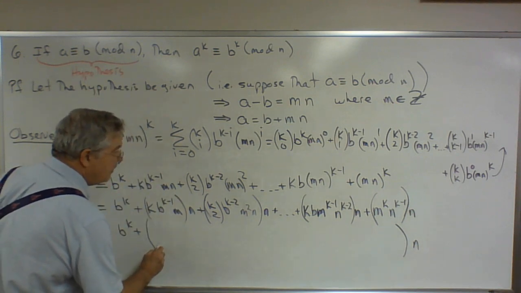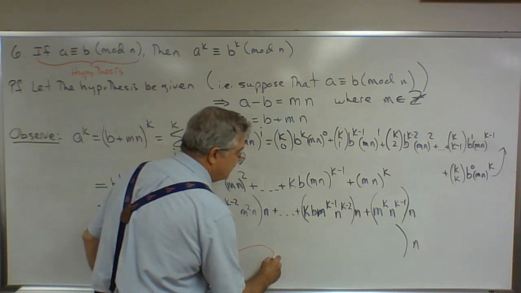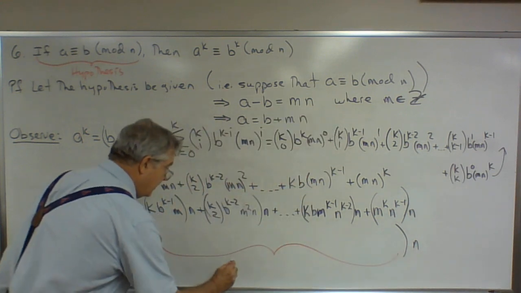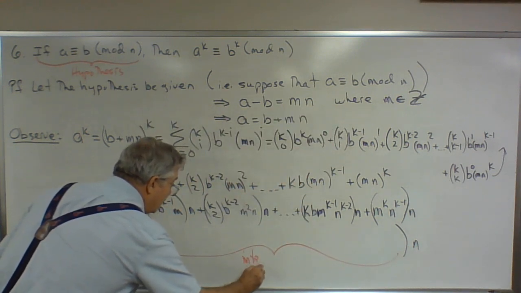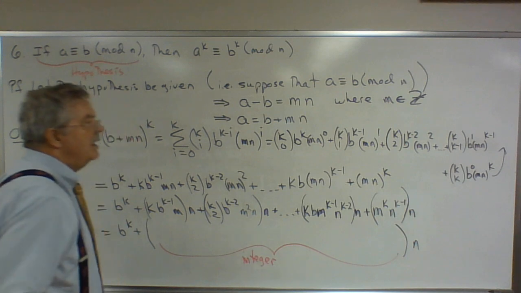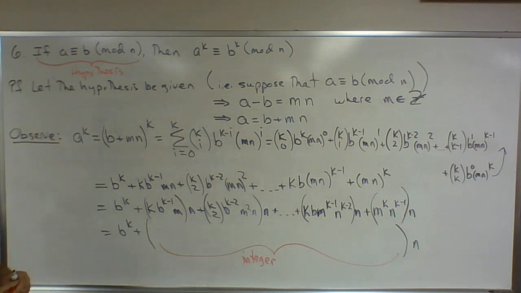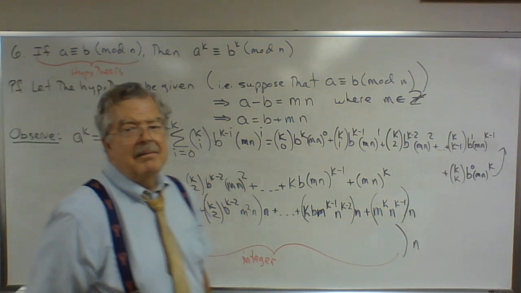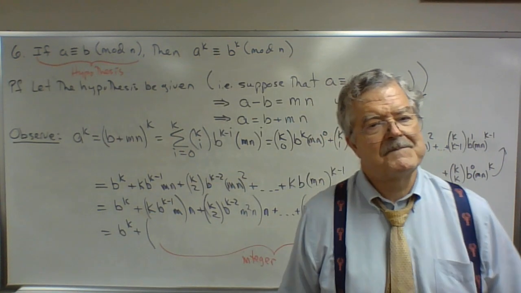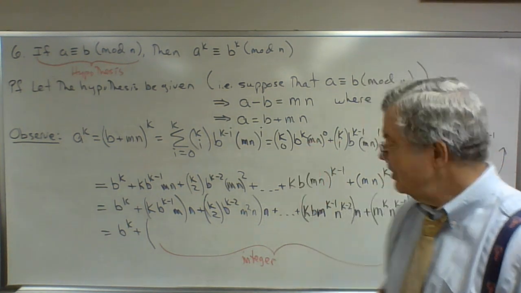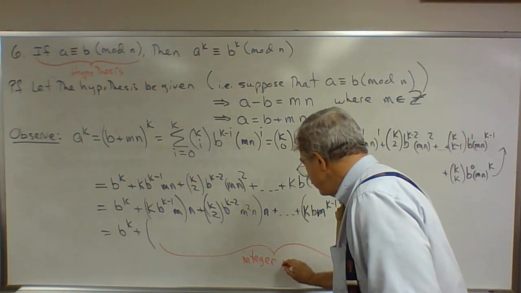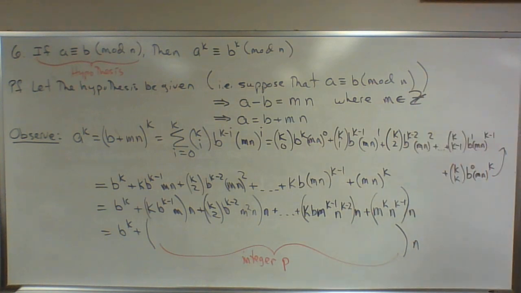So this whole thing is just some integer, and I've got to call it something. I can't call it m, I can't call it n, I can't call it k, I can't call it i, I can't call it a, I can't call it b. My goodness. I'm going to call it p, integer p.